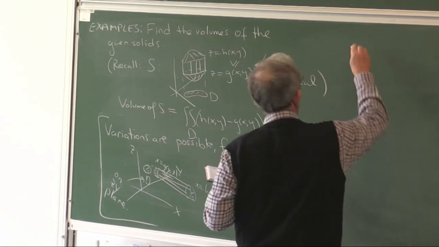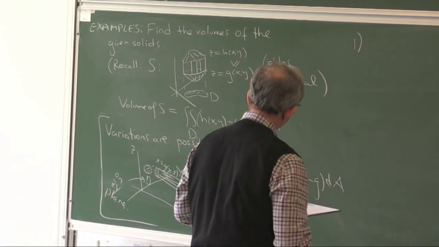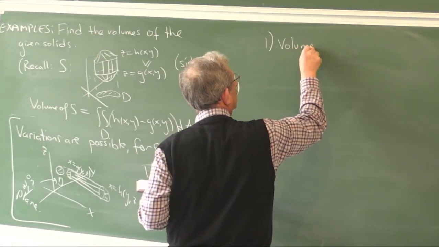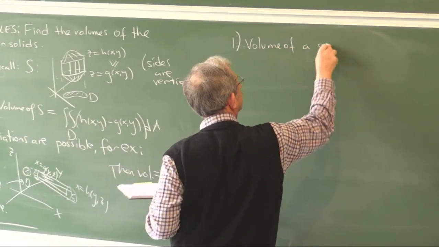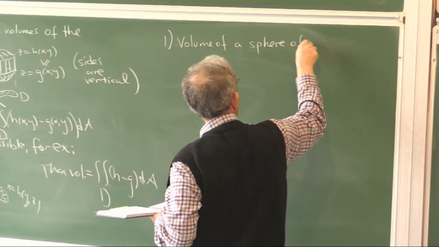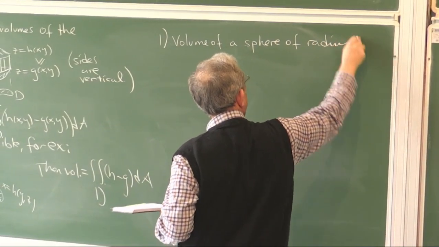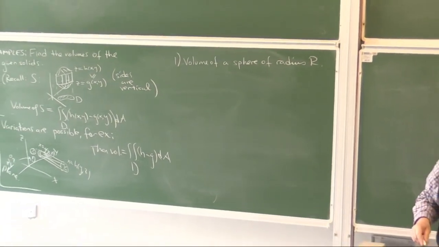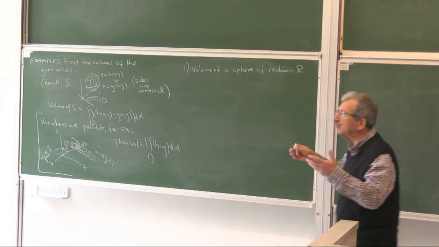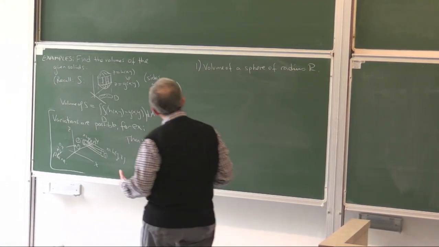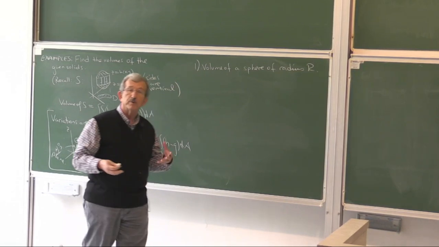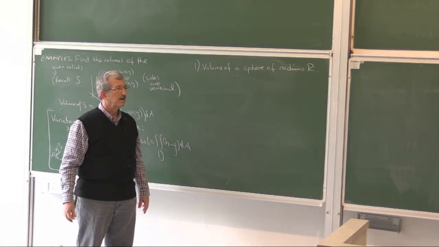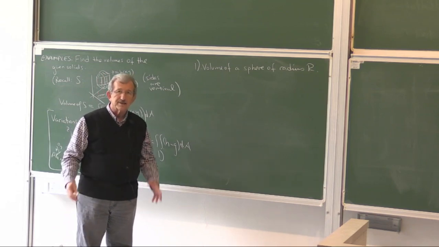Now let us go to our examples. Well, we want to find the volume of a sphere of radius r. We found this a few times, if you remember, even by using definite integrals, but there we had to use some transformations, namely some substitutions, inverse trigonometric substitutions, and such things.